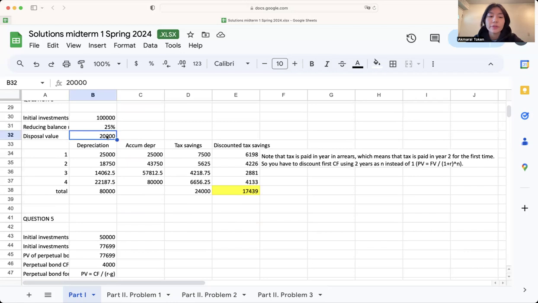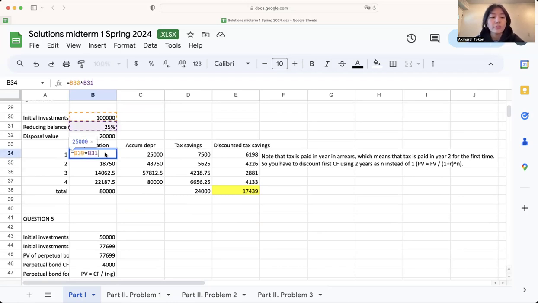So disposal value is the amount of money that we're going to sell this asset for after its useful life ends. To find the depreciation expense, usually for these kinds of examples, we use the reducing balance rate approach. So you multiply the initial investments of $100,000 by reducing balance rate, which is 25%.